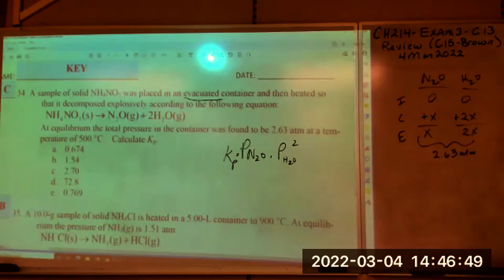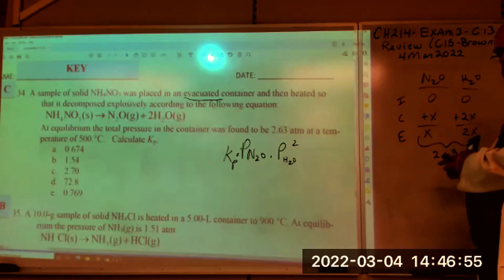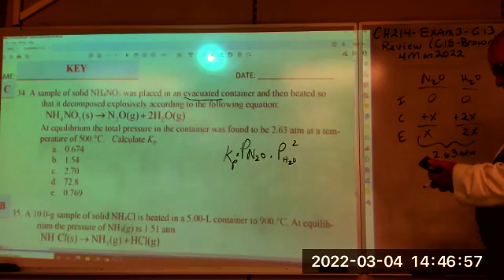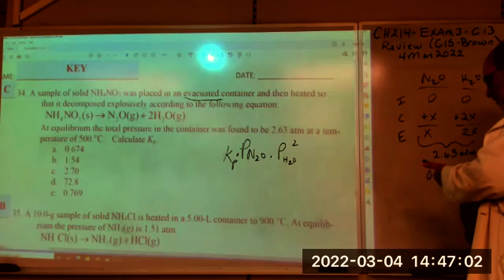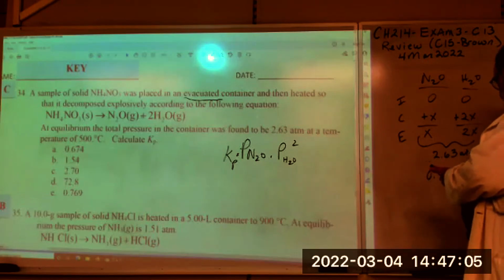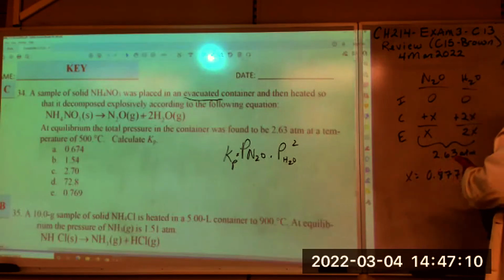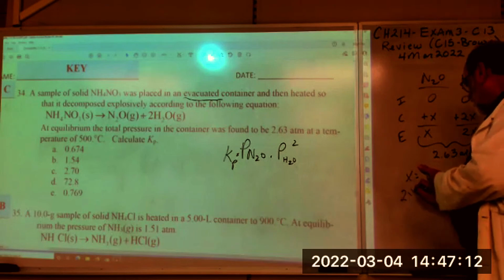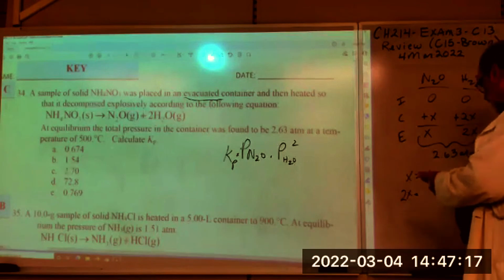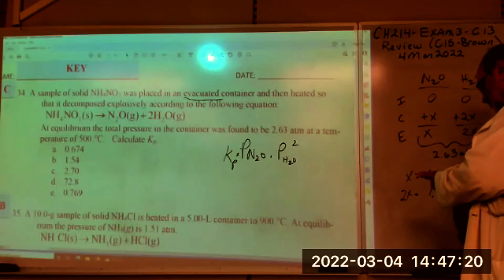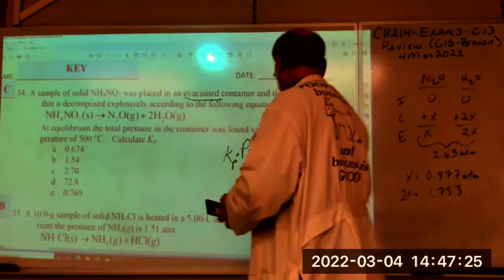So X plus 2X is 3X, and this divided by 3 is 0.877 atmospheres, equal to X. So that's the pressure of N2O, and the pressure of the other one, water, is 2 times that, or 1.753 atmospheres.